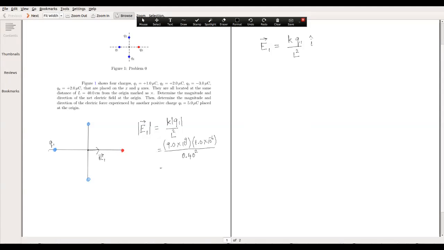That's equal to numerator as 9,000 divided by 0.4 squared. And to two sig digits, it is 5.6 times 10 raised to 4 newton per coulomb.